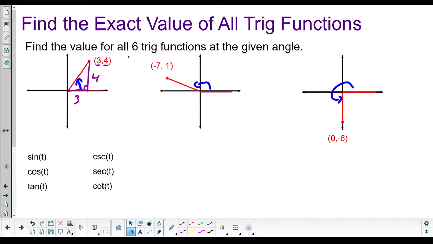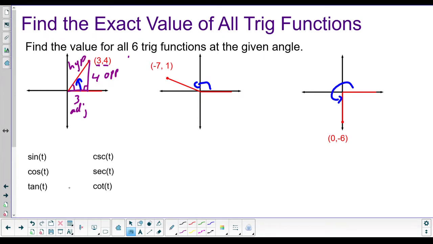So what we need to do is find our hypotenuse by doing the Pythagorean theorem. And then once we know all 3 sides, if this is theta, here's our opposite side. Here's our adjacent side, and then here's our hypotenuse. Once we know those 3, then it's really easy to set up all these fractions.